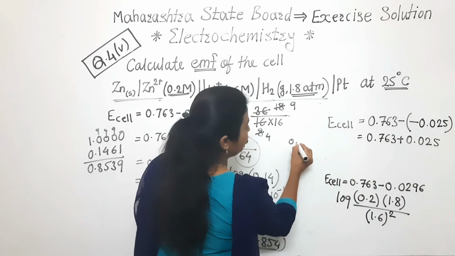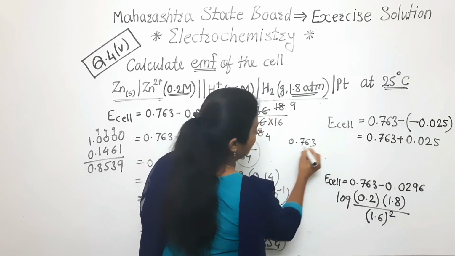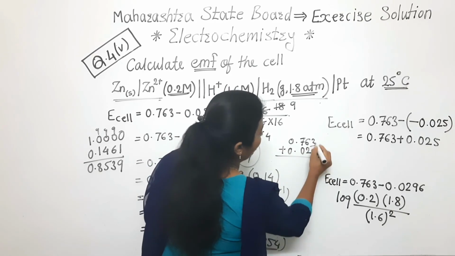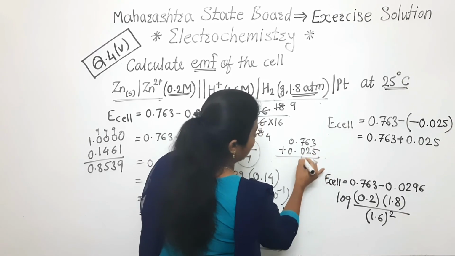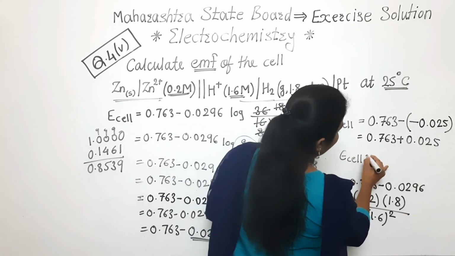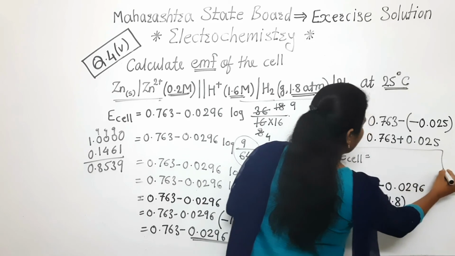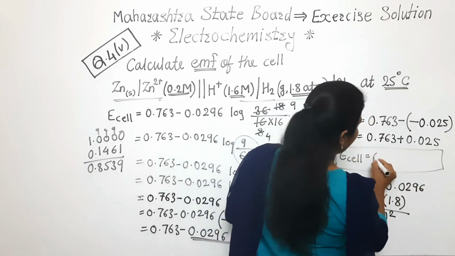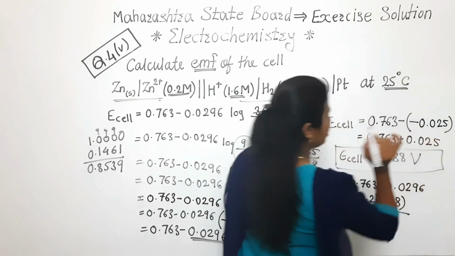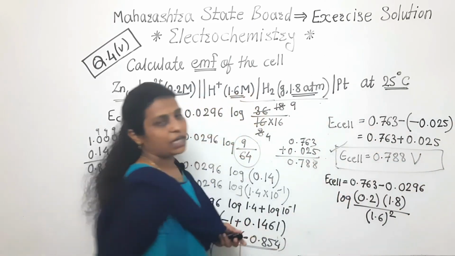See here, 0.763 plus 0.025. 5 3 8, 6 2 8, again 7 and 0. So finally we can say that after that much calculation, after completion of the reaction write-up, we are getting the final answer, and that is 0.788 volt, and this is our final answer.